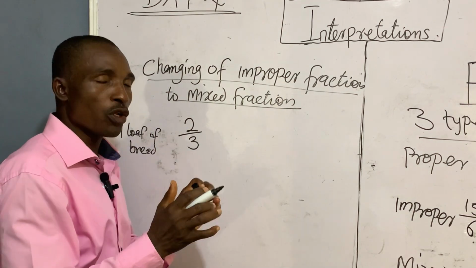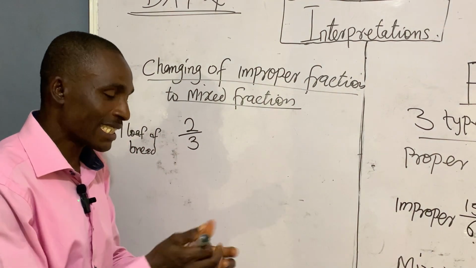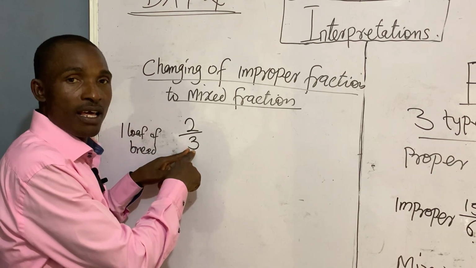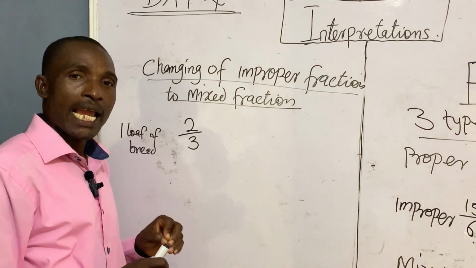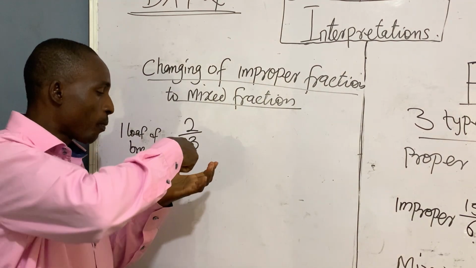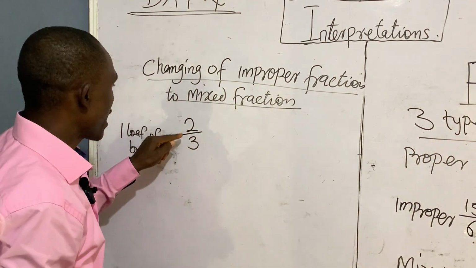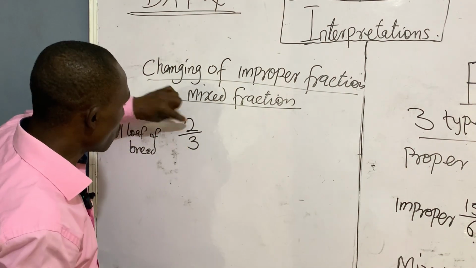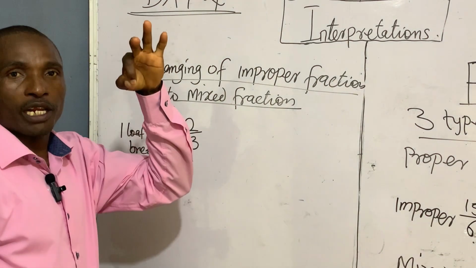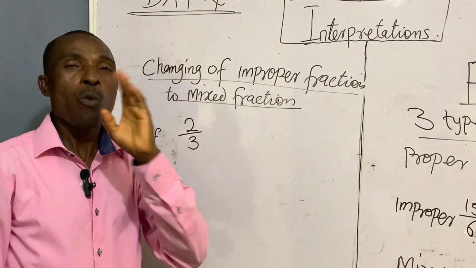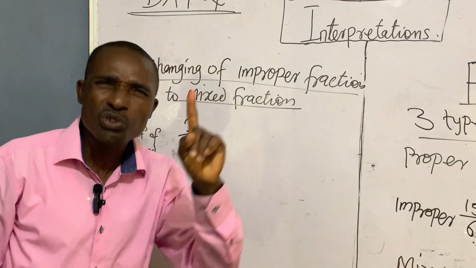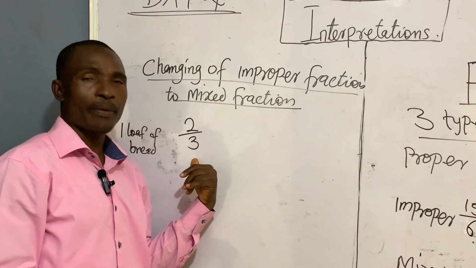You bought a loaf of bread and it was sliced into how many? 3. You say, out of that, it picked 2 parts. That's what it's trying to tell you. That's the language. So when you hear 2 over 3, it means 2 out of 3 pieces. One something, it must be one that you share into whatever is on the ground.